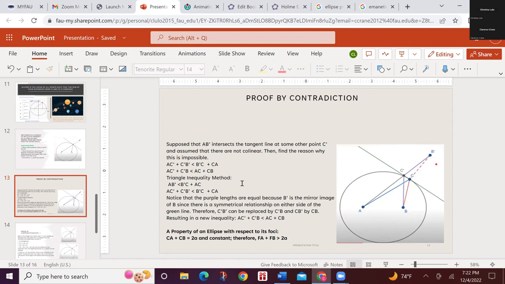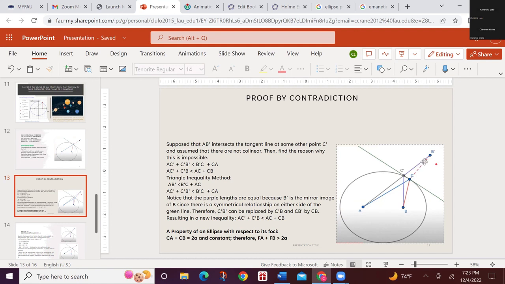If it is correct, then our statement does not stand. If it is incorrect, then we have the proof that we needed. Suppose that AB prime intersects the tangent line at some other point, let's say C prime, and we assume that they are not collinear. That's the assumption, proving by contradiction.